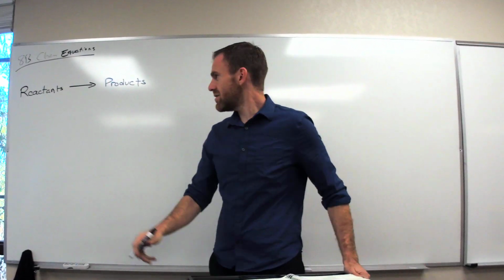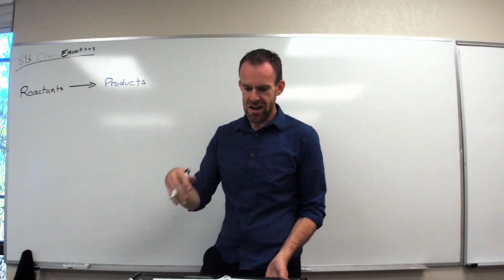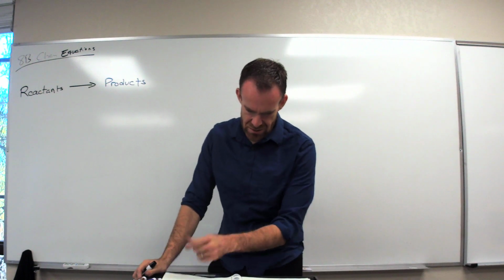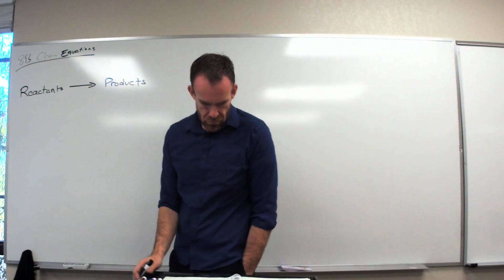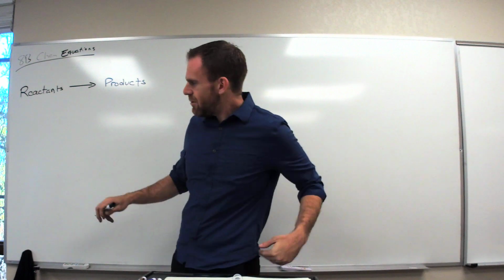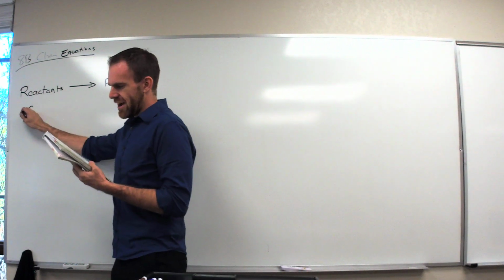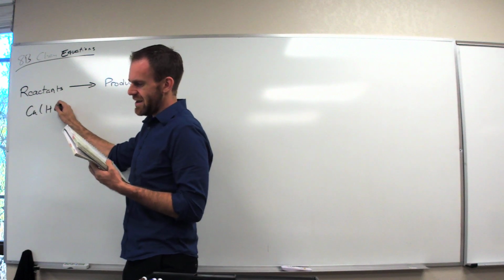Easy enough, we'll use the little arrow to denote that a reaction has happened, and now we are resulting in the products. So here we go. Let's say we mix this. Now while we're doing this, we might as well do some naming practice for Wednesday's exam.